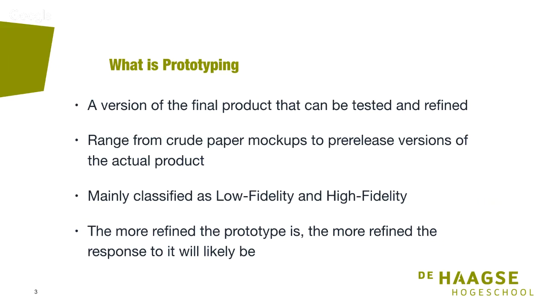The more refined the prototype, the more refined the response to it will likely be. So if you have just a wireframe, then people will mainly see what it will look like. But of course, if it looks more like the final product, then people will be more engaged with it and give you more representative data, maybe, for the final product.